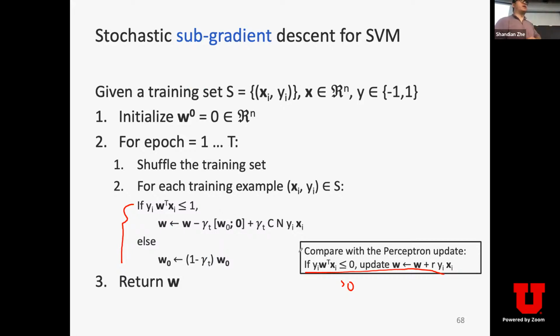Does the stochastic subgradient framework also apply to the perceptron? In other words, can we view the perceptron updating rule as doing some stochastic subgradient descent as well? If that is the case, then what is the objective underlying the perceptron?